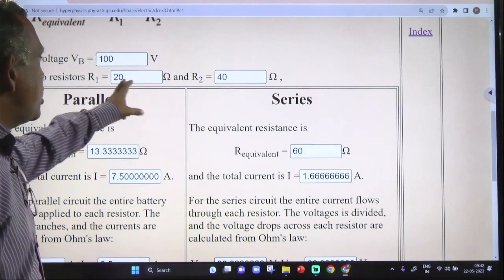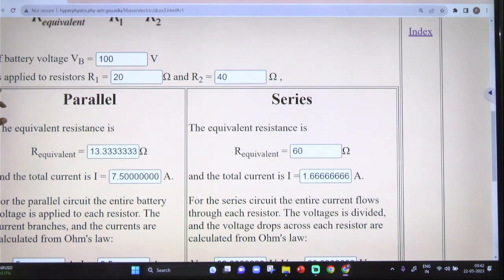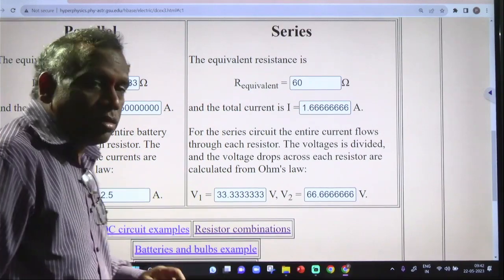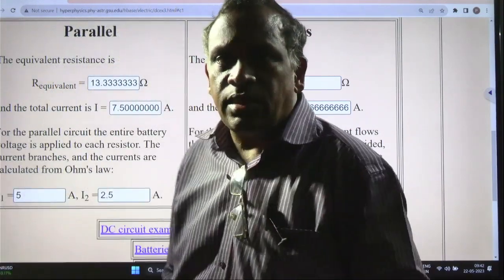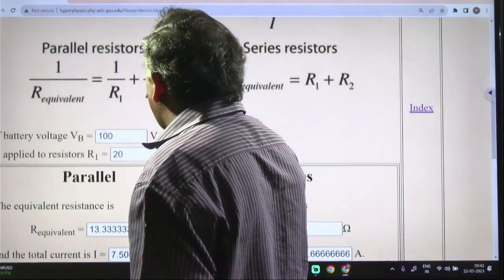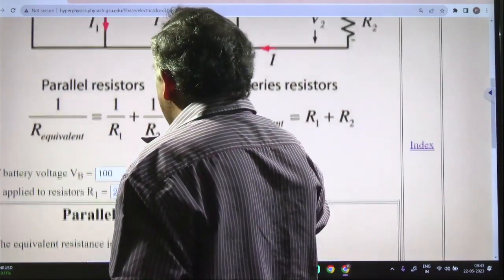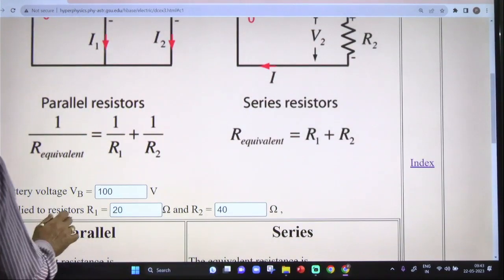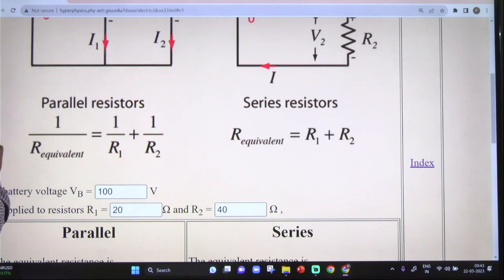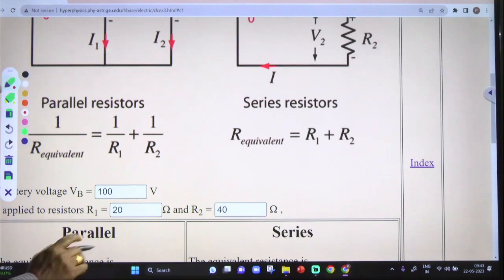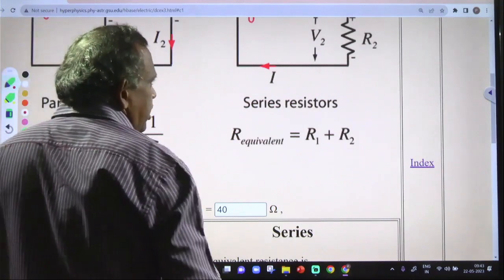Let us solve one by one, to check whether this answer is correct or not. First we will check the parallel connection, then the series connection. First of all, what is the given data? The battery is 100 volts, and 20 and 40 ohms are given.